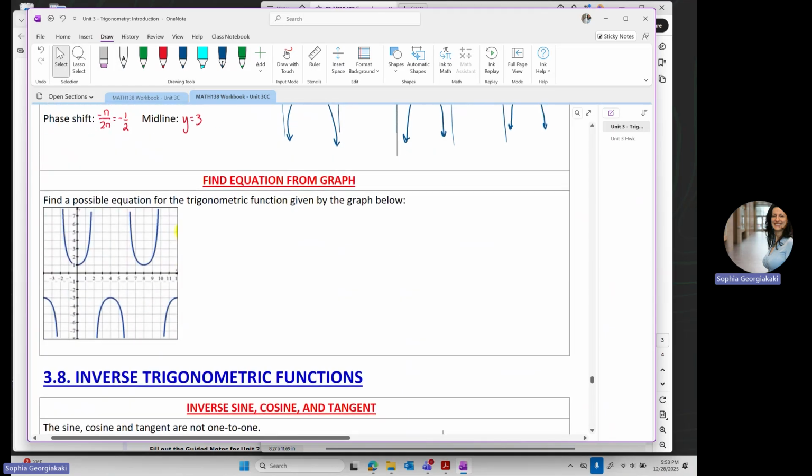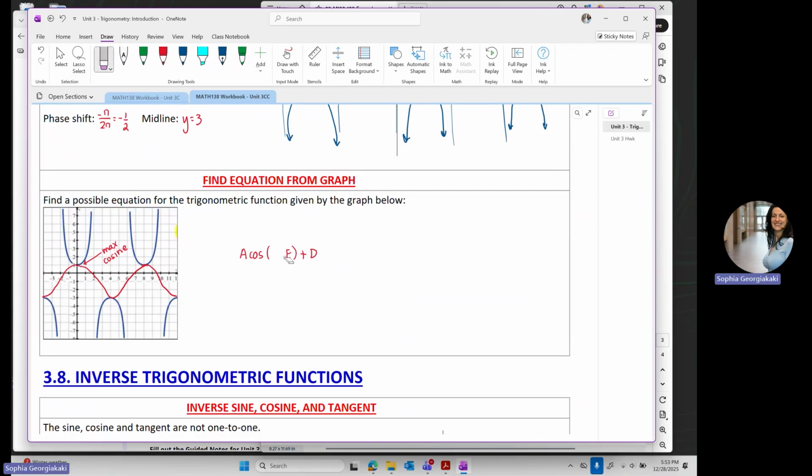To go backwards, if I want to find the equation of a secant or a cosecant from the graph, I'm actually going to sketch the reciprocal function. I try not to have a phase shift. So at 0, this function is at the maximum. Therefore, it's going to be a cosine function. So the red curve is a cosine function. I'm looking for a cosine of bx plus d.